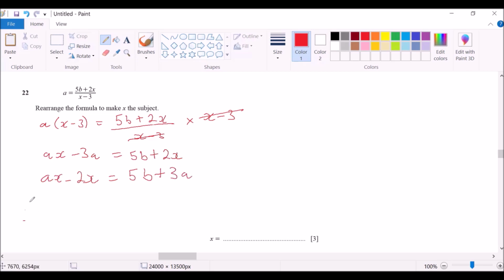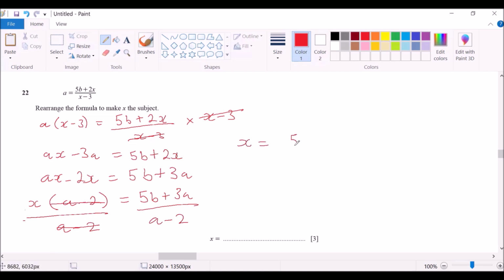We factor out X. A minus 2 is equal to 5B plus 3A. We divide both sides by A minus 2. A minus 2 cancels there. X is equal to 5B plus 3A over A minus 2. That becomes our answer, 5B plus 3A over A minus 2.